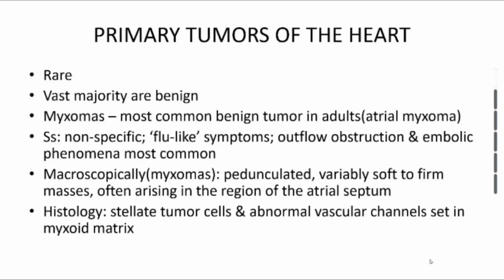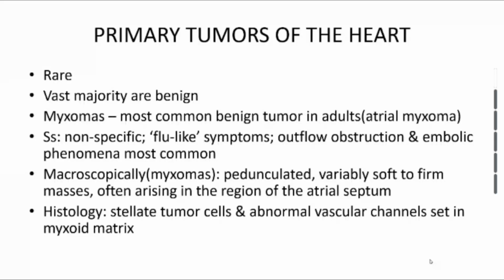If you're talking about signs and symptoms, they will be non-specific. When you talk of non-specific symptoms or signs, that means they will be common to many other conditions, so not specific to this disease. You'll have flu-like symptoms, for example, and outflow obstruction. Of course, it's likely to block. If it is in the right ventricle, it's likely to block blood from flowing properly, so it is likely to cause blockage to the outflow of blood.